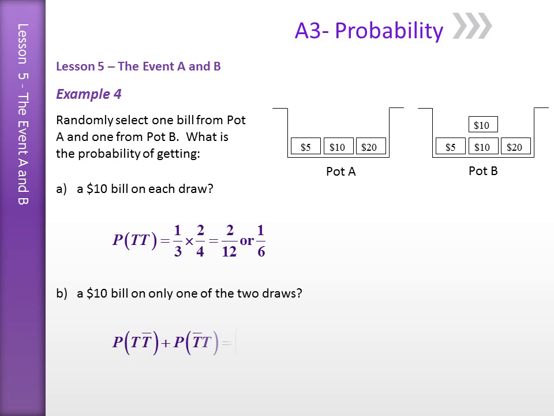Not a 10 out of the second one would be 2 out of 4. We'd multiply those two together. And we would add that to the probability of not a 10 out of the first one, which is 2/3, times a 10 out of the second one, which would be 2/4. And by completing the calculation, we'll get 6 out of 12, which can be reduced to 1 over 2.